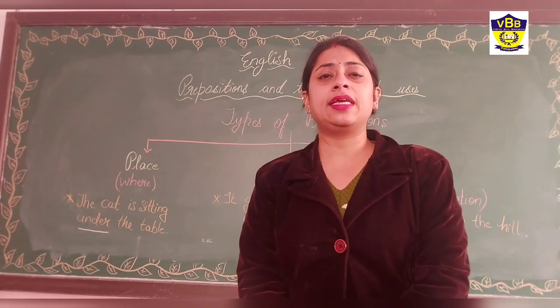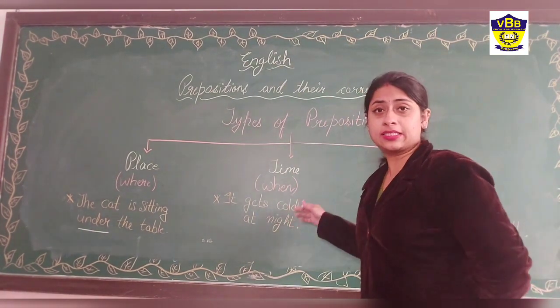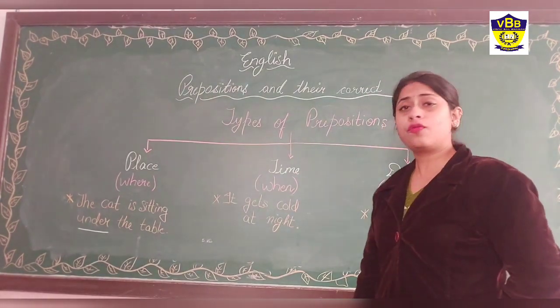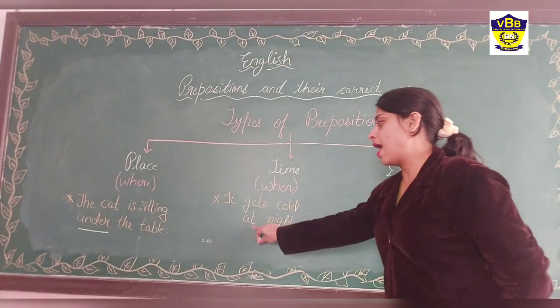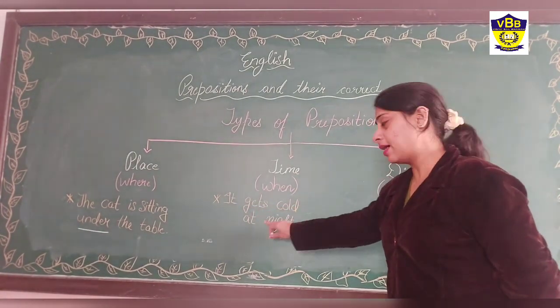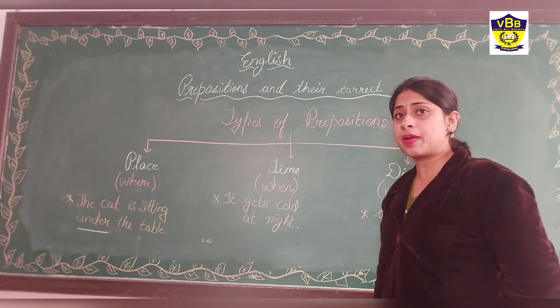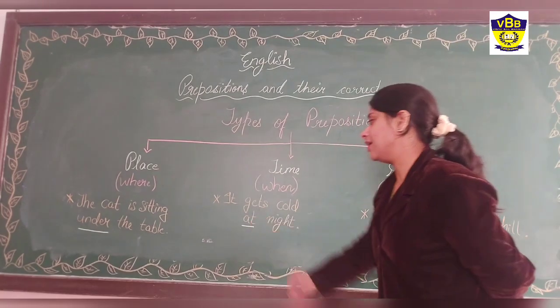Now let's take the other type, preposition of time, which answers when, right? I have written one example here. It gets cold at night. So what will be the preposition of time here? At, right?